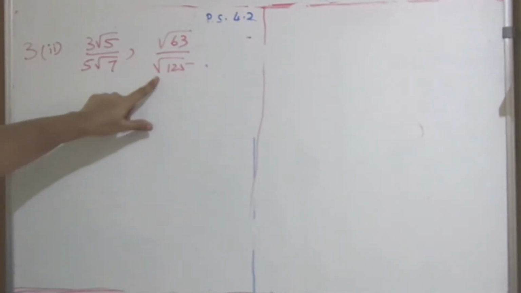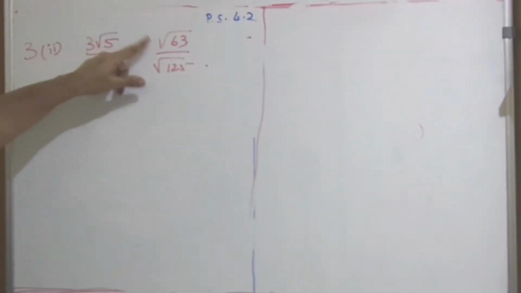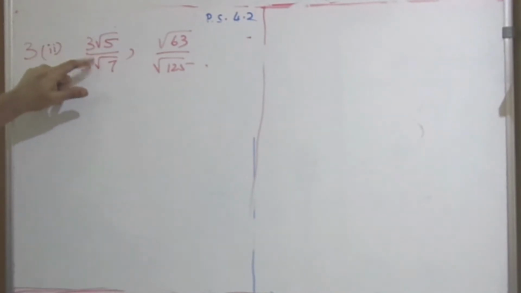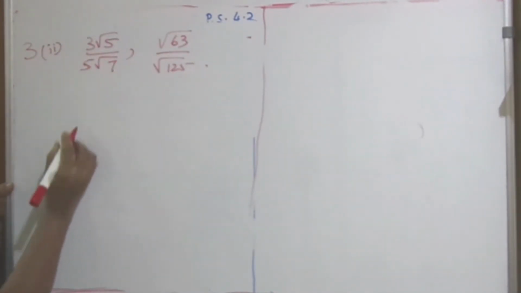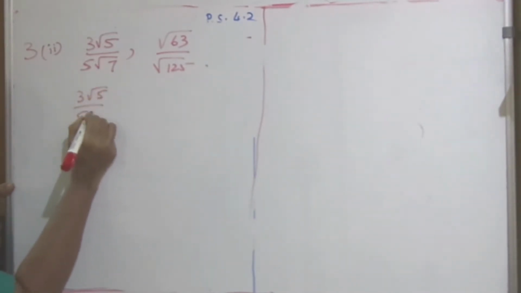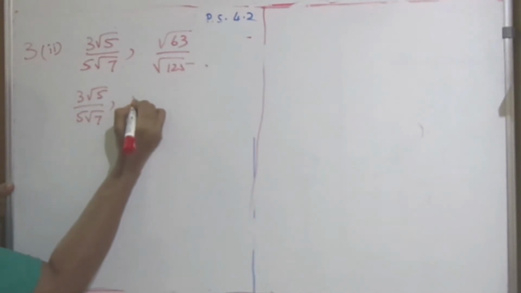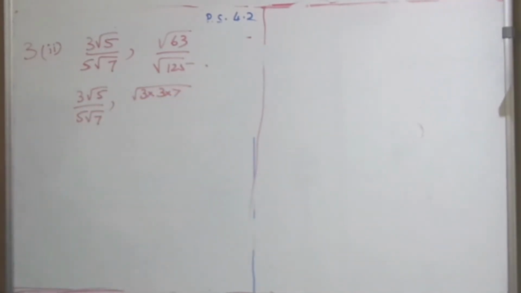Okay, now look at these. These surds can be converted in the mixed form, simplest form. Mixed surds in the simplest forms. Here also, this is already in the simplest form, but these can be converted by finding out the factors. So 3 root 5, I am writing this as it is, 5 root 7. Root 63, factors 3 into 3 into 7, prime factors.